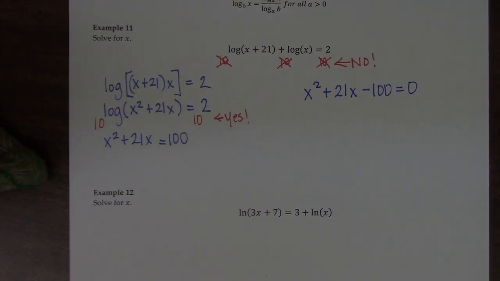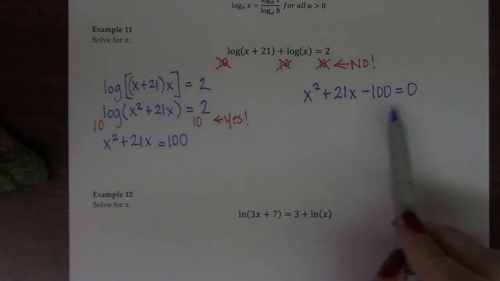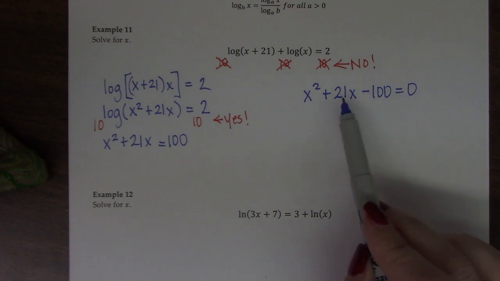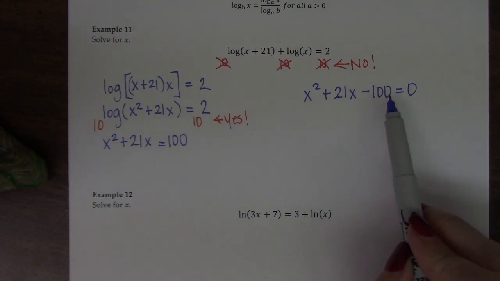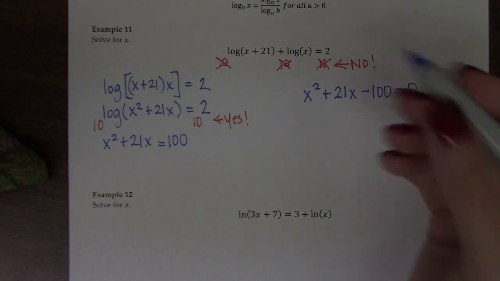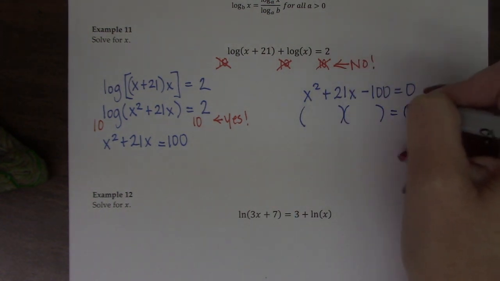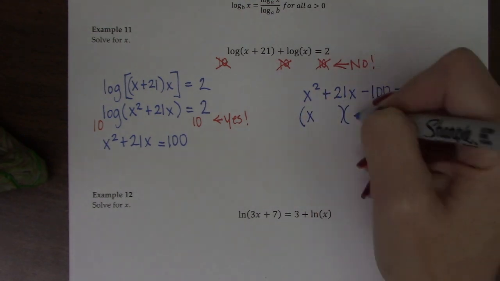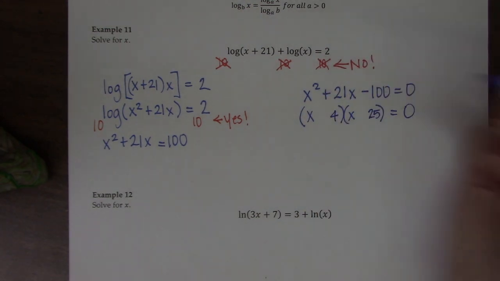This is definitely a quadratic, and it looks like something I could factor. So what two numbers multiply to 100, but either add or subtract to give you 21? And so 4 times 25, right? 4 times 25 is 100. 25 minus 4 is 21. So I know this is going to be x and x. I know I'm going to have 25 and 4.